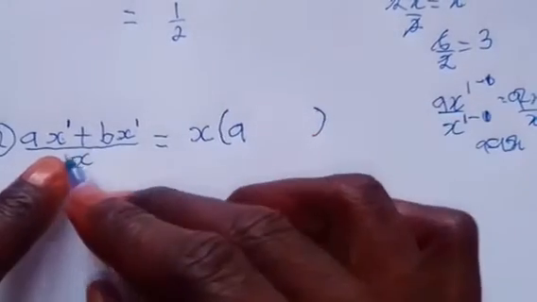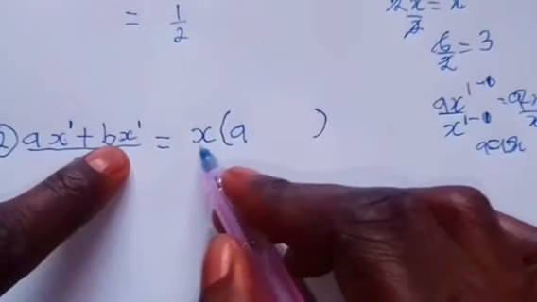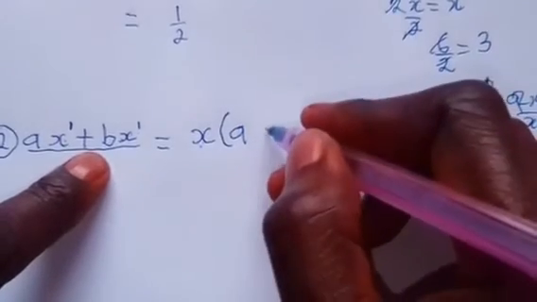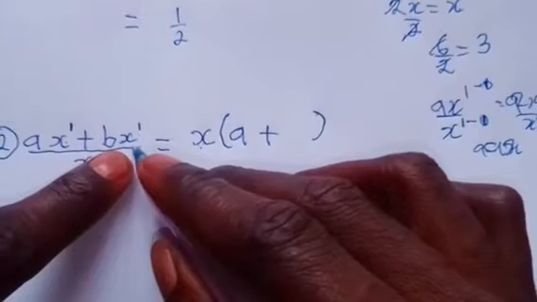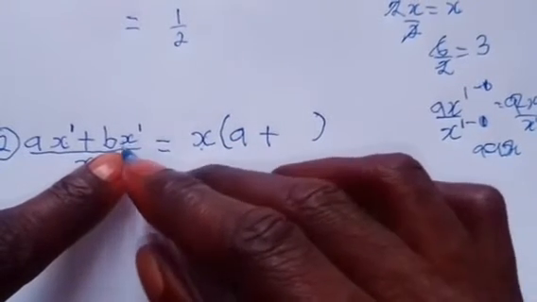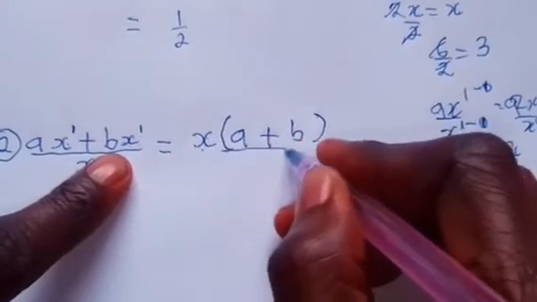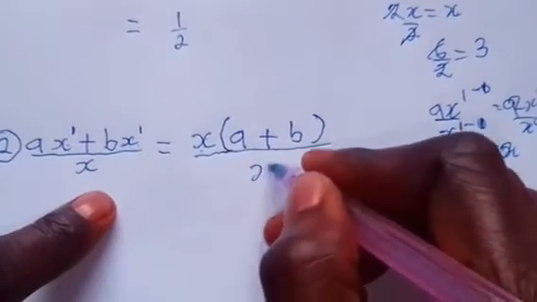Alright, so ax plus bx. The first term, when we factorize that, our x will give us what? A. So here we put the next sign, which is plus, and then we do the same thing. If you divide this x into bx, the x will cancel the x, it will be left with what? With b. Then we can draw our line this way, and then the denominator, the bottom, comes in there.